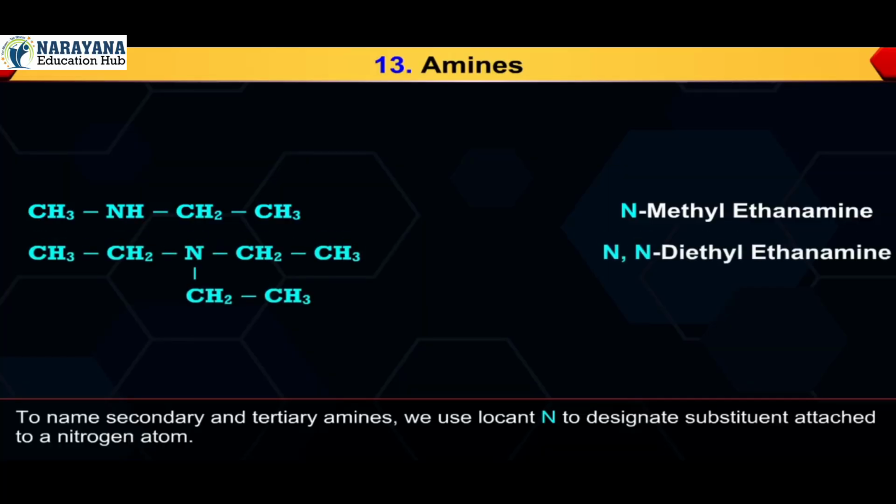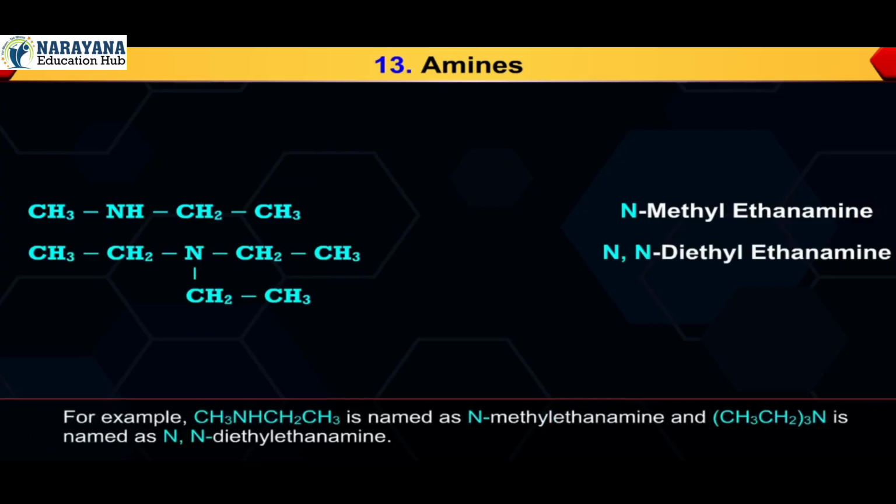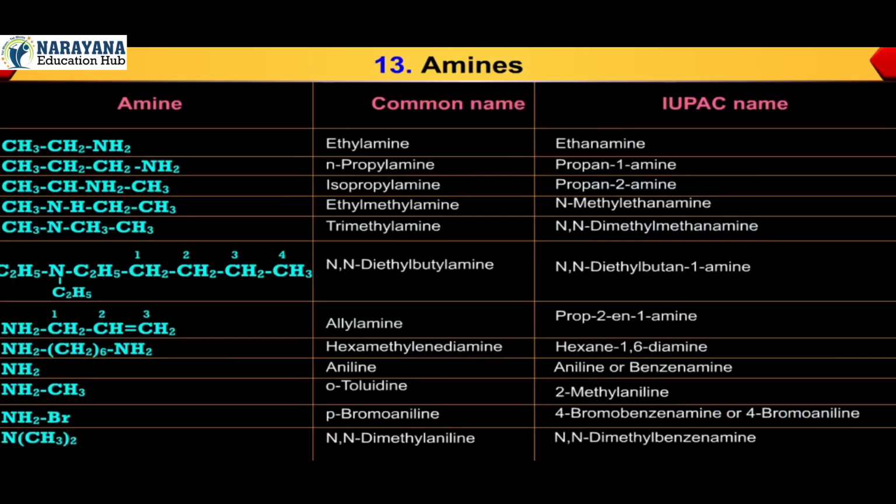To name secondary and tertiary amines, we use locant N to designate substituent attached to a nitrogen atom. For example, CH3NHCH2CH3 is named as N-methylethanamine and (CH3CH2)3N is named as N,N-diethylethanamine. More examples are given in table.